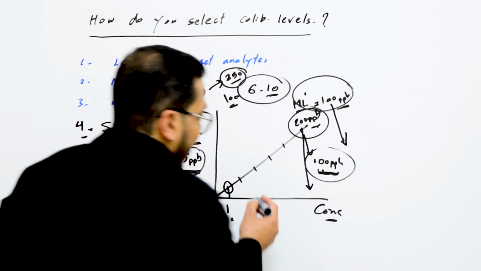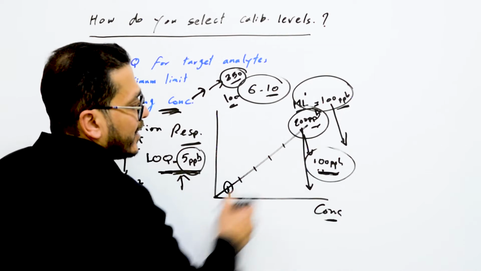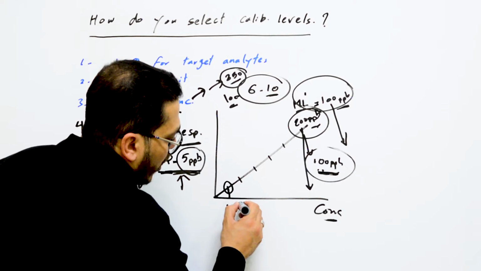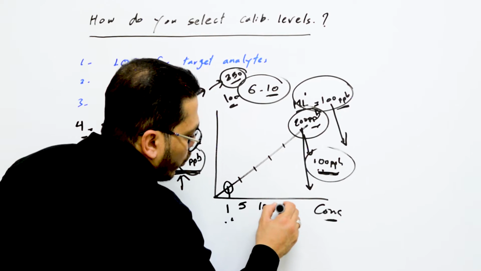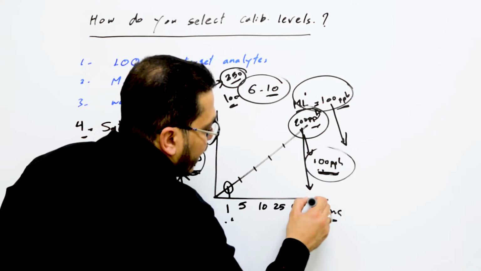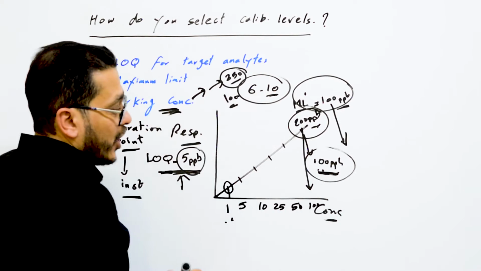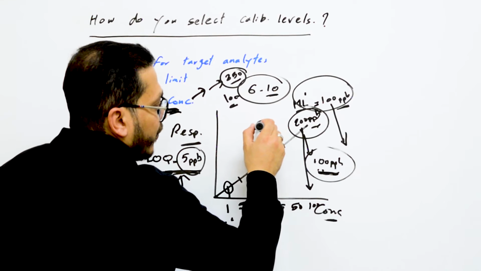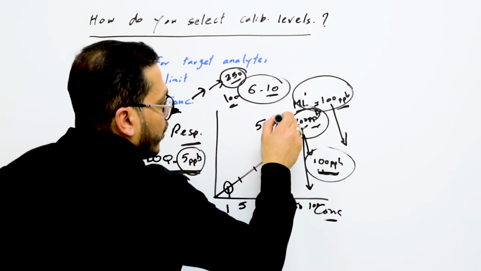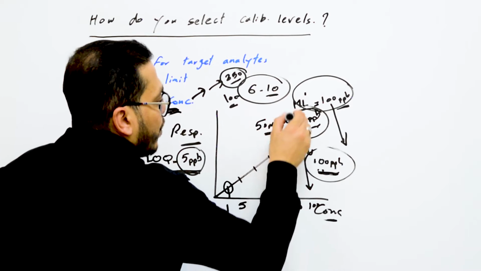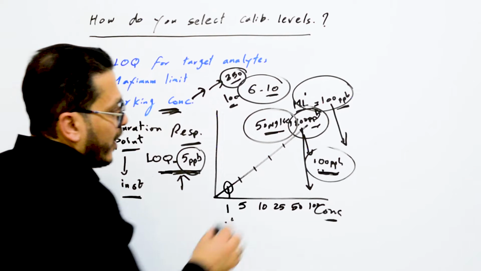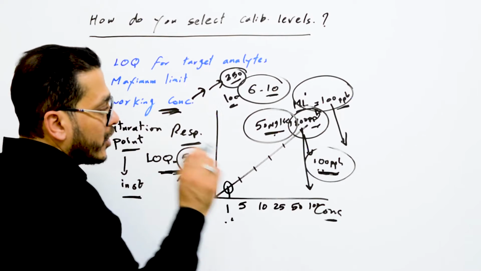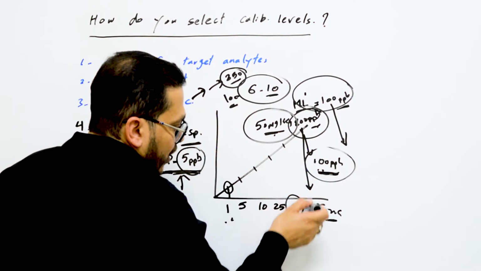Now, if the calibration goes up to 100 ppb, you have, as an example, 1, 5, 10, 25, 50 and 100 maximum concentration. So if you got 50 ppb, 50 microgram per kilogram in the sample itself, this 50 in between the calibration will be quantified based on this concentration.